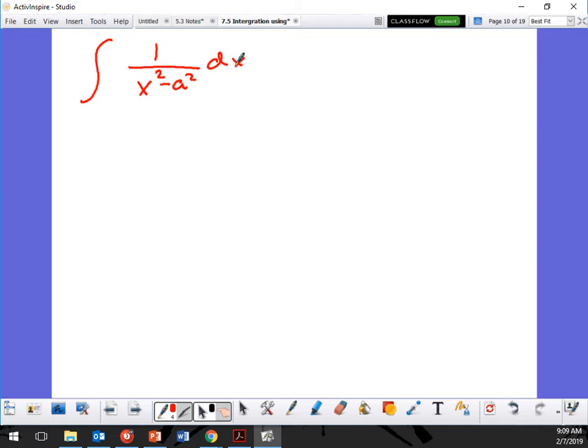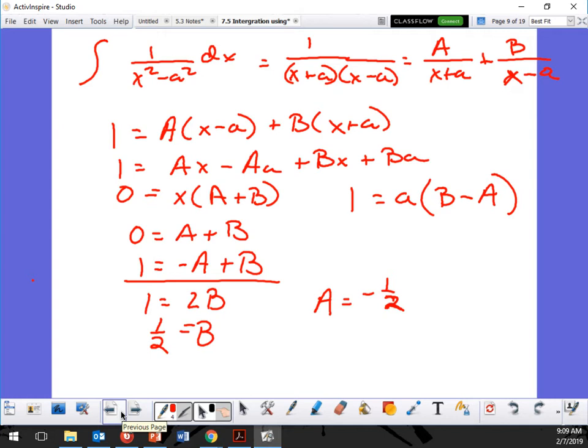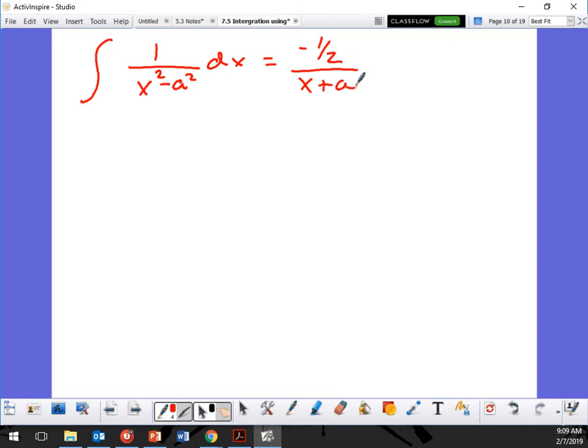That turned into my A, which was negative 1/2, over x plus a, and then plus 1/2 over x minus a.